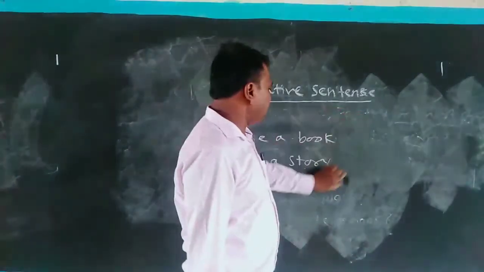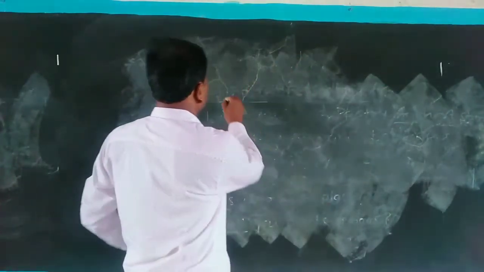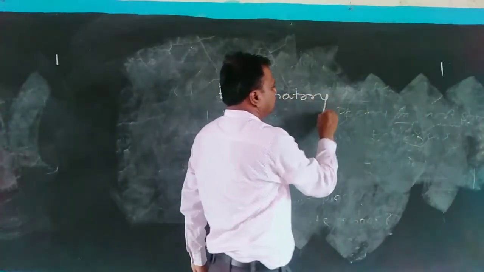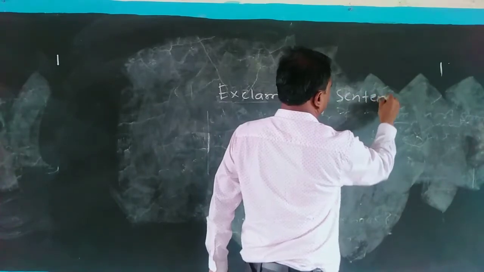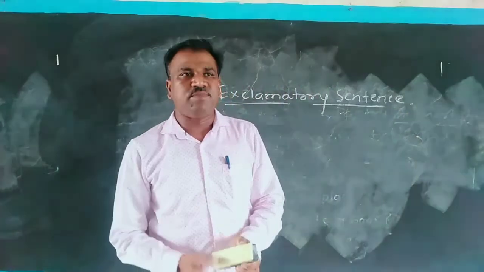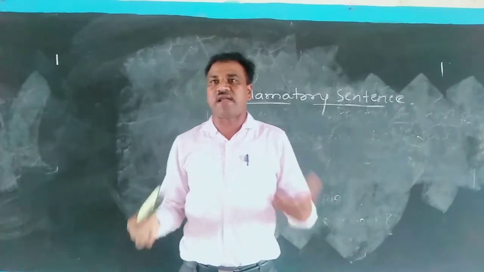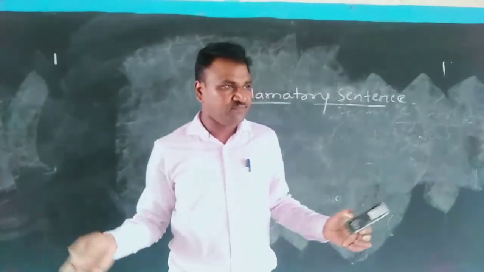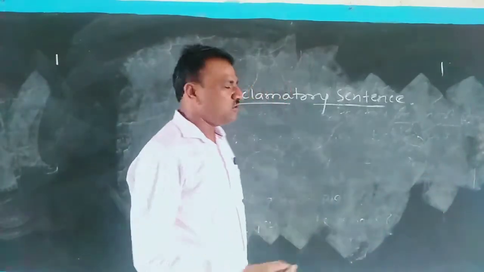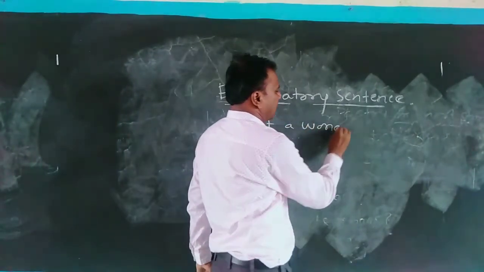And the next and the last type of sentence is exclamatory sentences. Exclamatory sentences are where we express our own emotions and also express our surprise. If you have seen a match and that match was very wonderful, then you say, what a wonderful match that was.